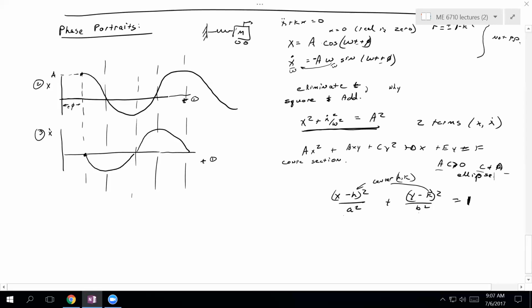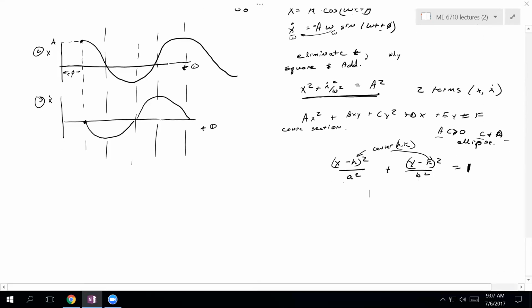All right, so anyhow, I can see that I get an ellipse, and here's my ellipse. Oops, let me move it over here. So I get this ellipse. I have x versus x dot.